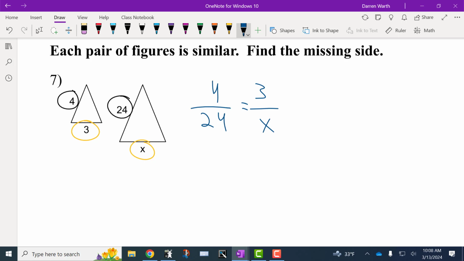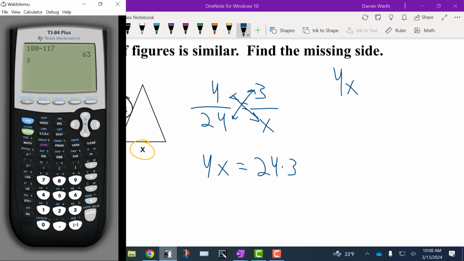Now to solve this, whenever you have a proportion, you're just going to go ahead and cross multiply. So I'm going to take this times this, it's going to equal this times this. So 4 times x equals 24 times 3. So I'm going to get 4x. I'm going to take 24 times 3, type that in my calculator, and it comes out to be 72.